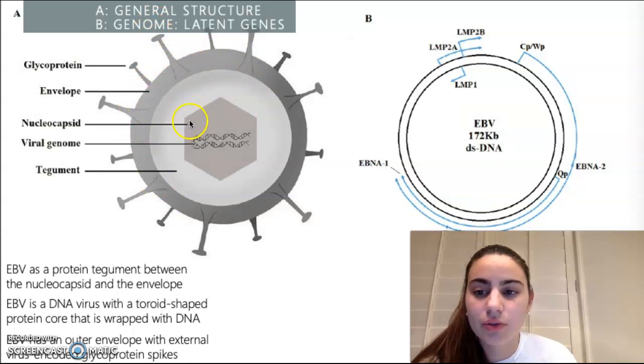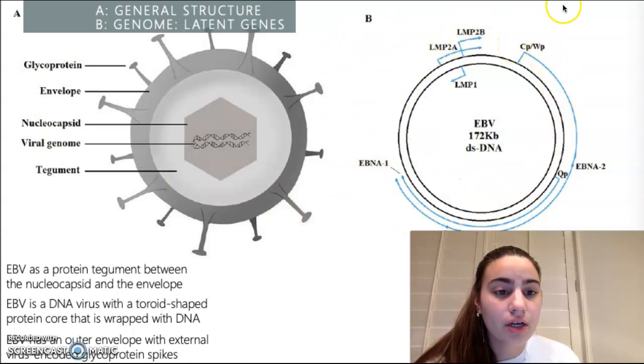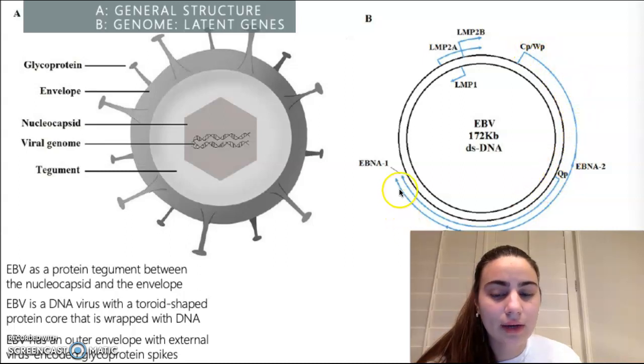Then it goes on to having a nucleocapsid, and here's the viral genome, and then in between the envelope and the nucleocapsid, there's a tegument, which is this little area here. Here on the right shows the direction of the latent gene transcriptions. So the arrowheads around the large ones, they show the EBNA2 and EBNA3 transcription, and then the smaller one shows the EBNA1 transcription.